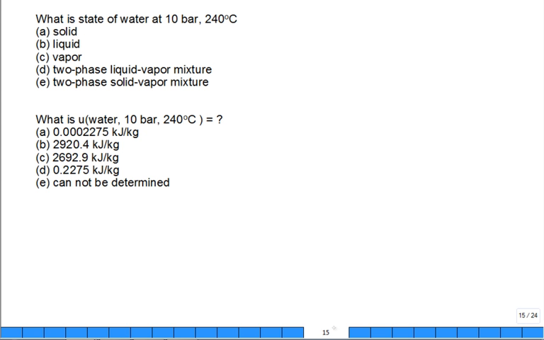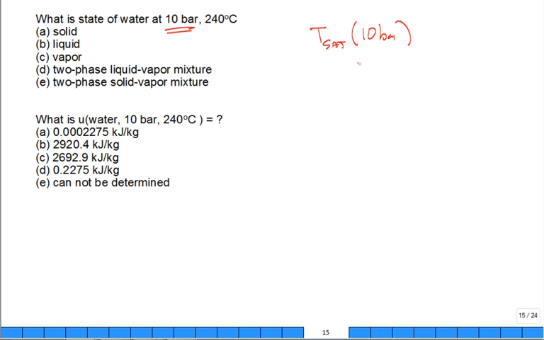So I won't do it as a clicker question, but what you want to do is go to the table. Let's say the pressure is known, 10 bar. Go and find the saturation temperature at 10 bar.